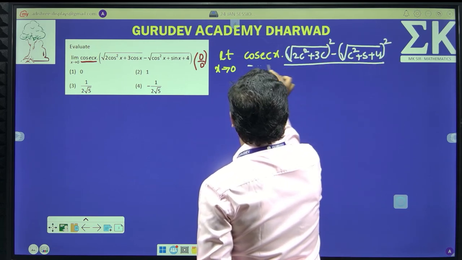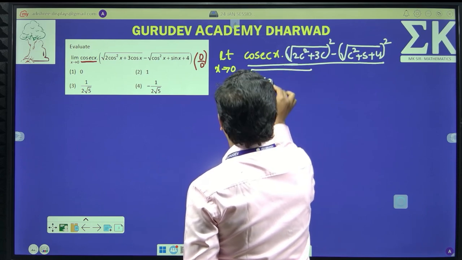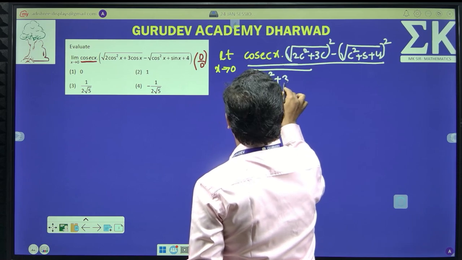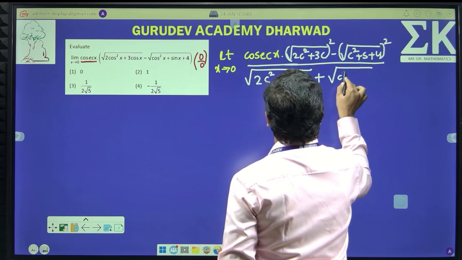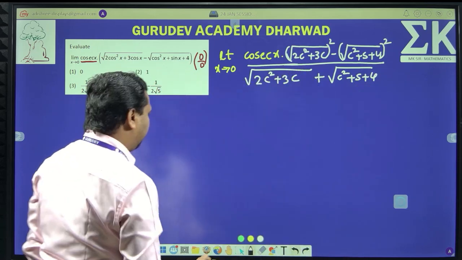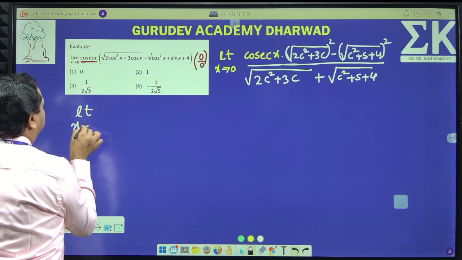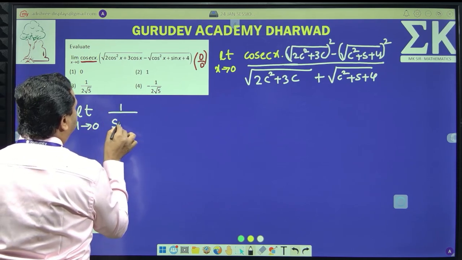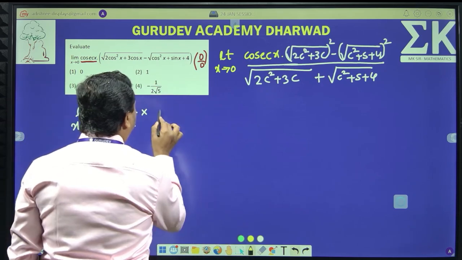And what is left in the denominator? Square root of 2 cos square x plus 3 cos x plus square root of cos square x plus sin x plus 4. Okay, done. Now what do we have? Limit as x tends to 0, cosecant x, I'll write it as 1 divided by sin x, into, see that the denominator is having a plus term.